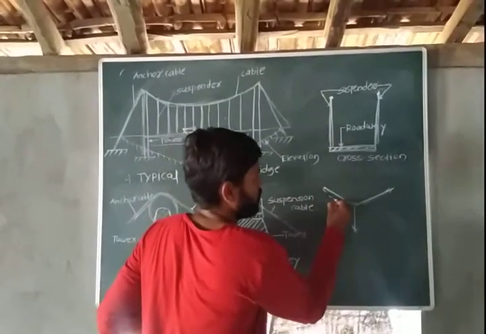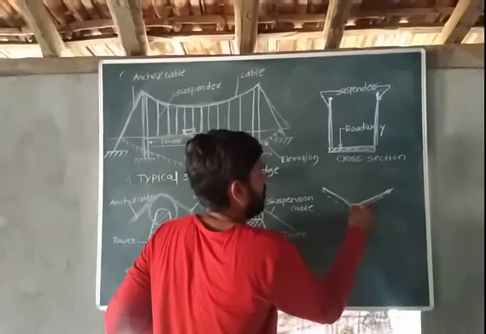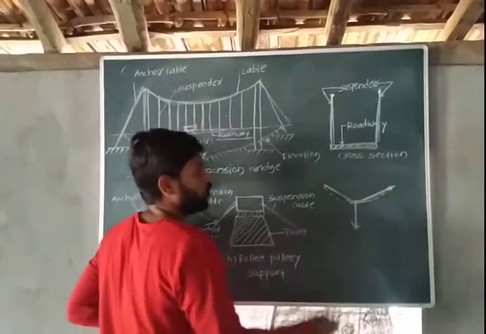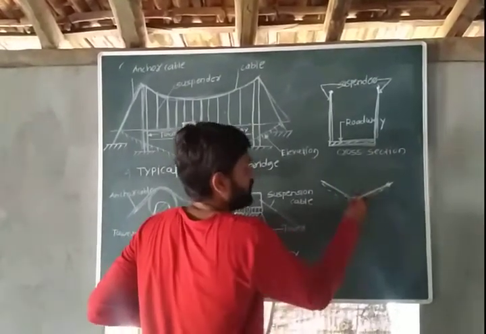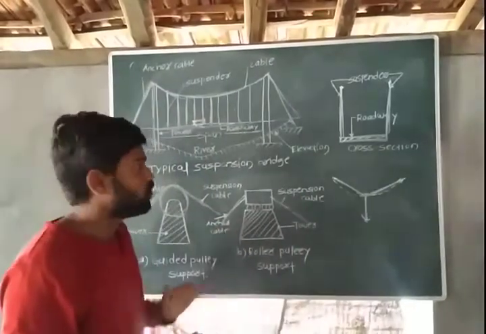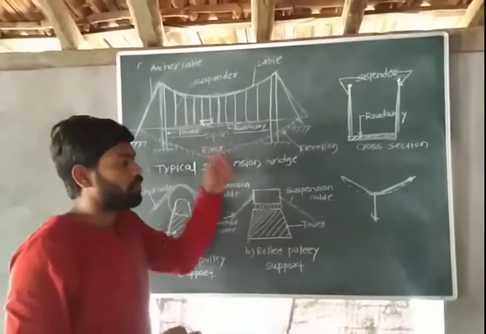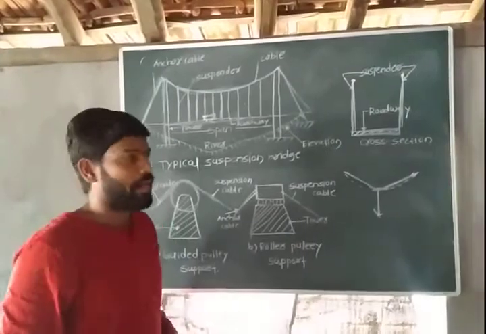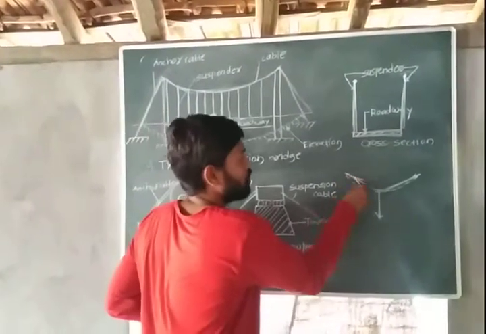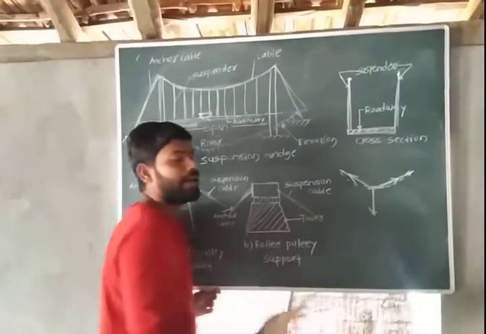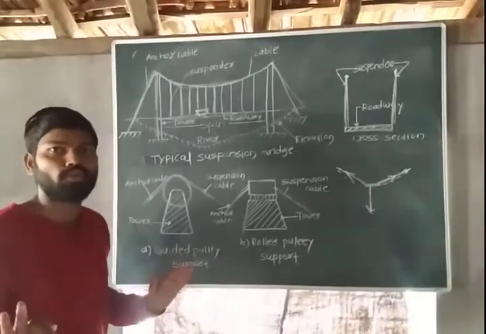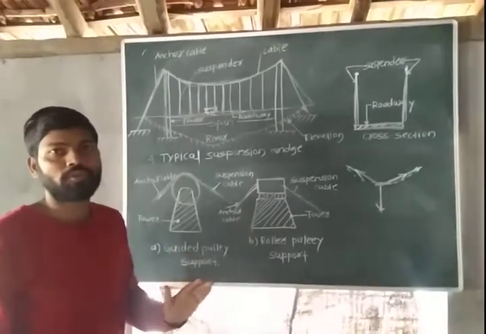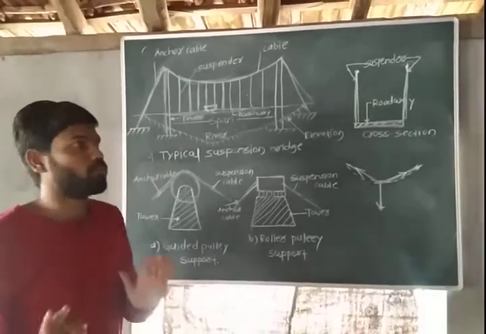This is your original shape. Due to application of load, it has adjusted its shape. So cable adjusts its shape as per the application of load, and it transfers the load by tension only. It does not carry shear force, it does not carry bending moment.